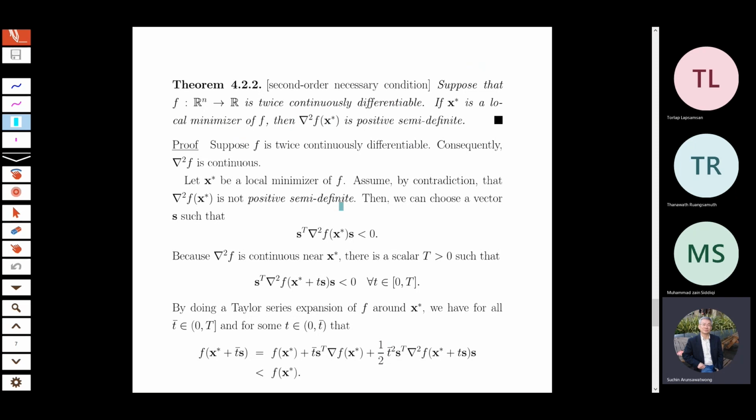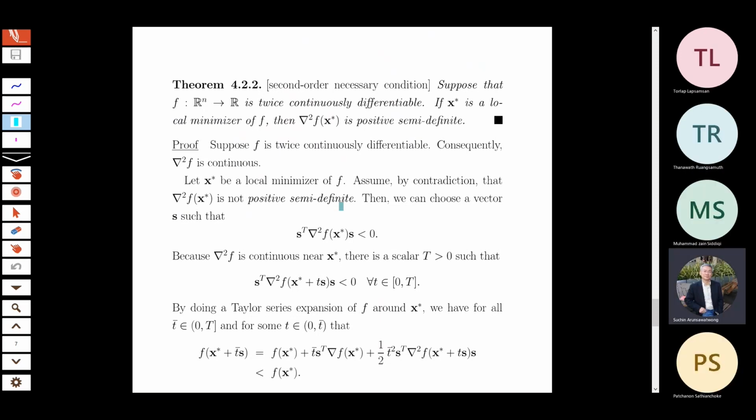First, we assume that the function f is twice continuously differentiable. From this assumption, you can guess the consequence that we will use is that the Hessian matrix is continuous, and therefore the Hessian matrix is a symmetric matrix. That means we can interchange the order of the partial differentiation.